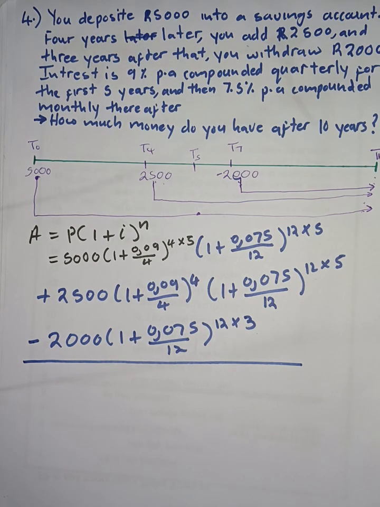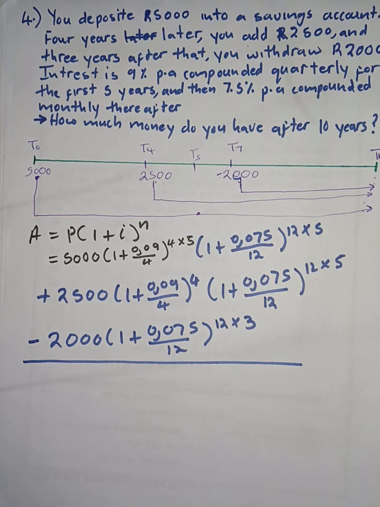What I would advise is that you enter your values more than once. Why? Because there's a strange value that I got the first time, and I doubted myself. The value that I got was 500,083 rand and 65 cents, and I said no, it can't be. There's something fishy here.